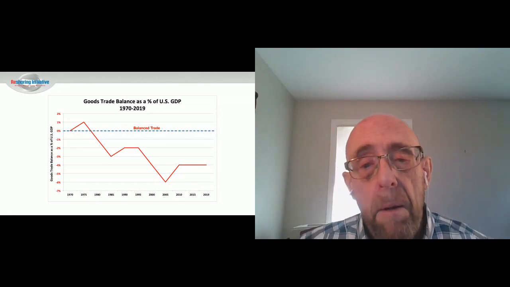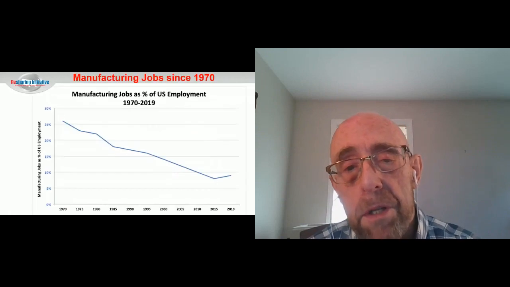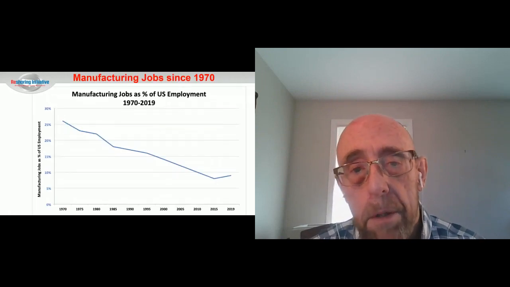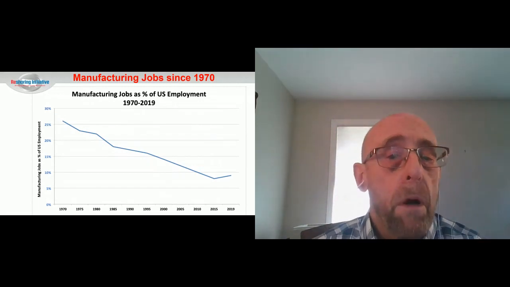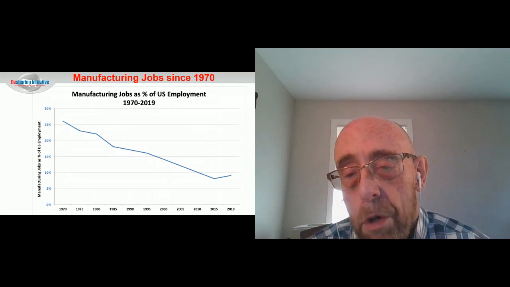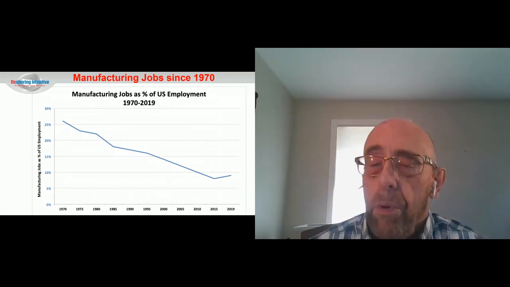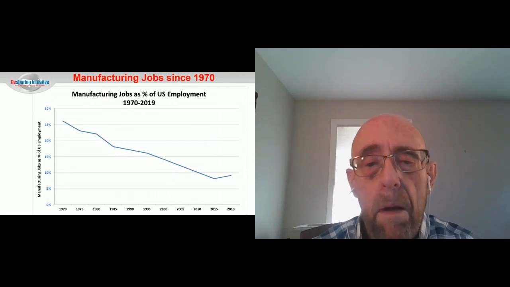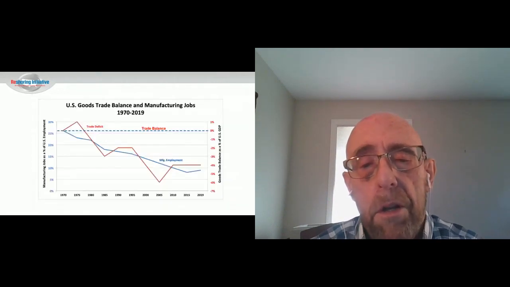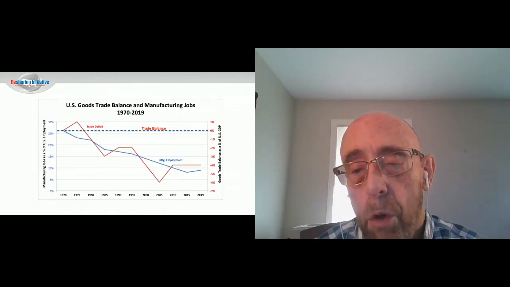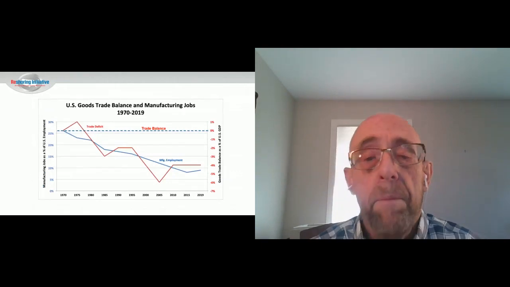And tied in with this, the manufacturing jobs as a percentage of US employment have come down from about 27% to about 9%, so cut by about two-thirds. And that's primarily because of the trade deficit. So as you can see here, the two are tightly correlated. The blue is the manufacturing employment, the red is the trade.